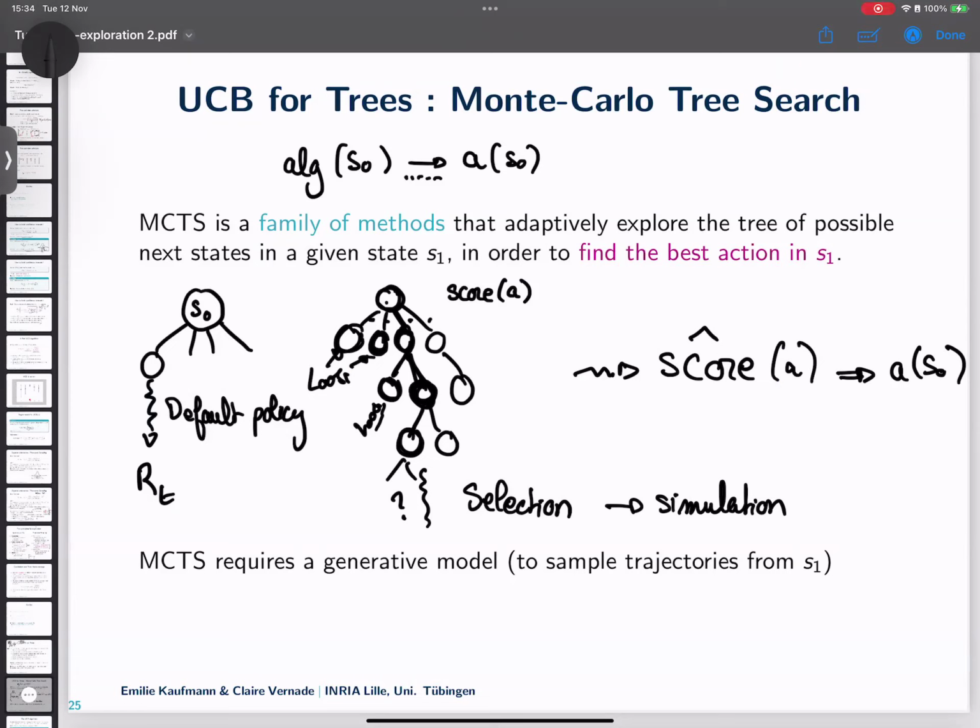I have k actions, right? And these k actions have scores, and I want to estimate the score. The problem is the distribution of these scores is not at all a nice Gaussian distribution, and it's actually hard to estimate. And for this, I need to do some planning down the line into the tree.